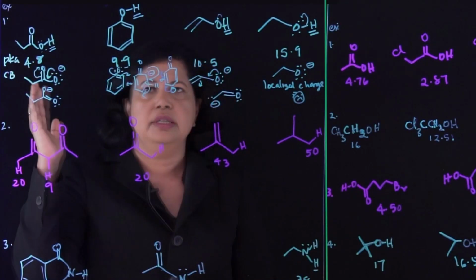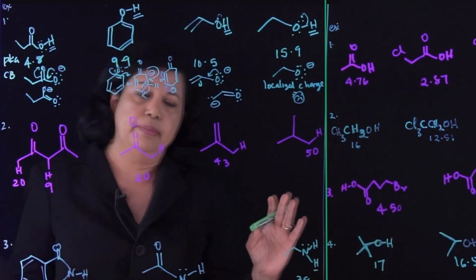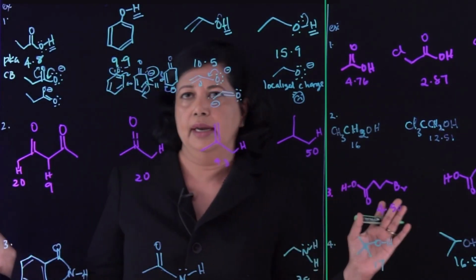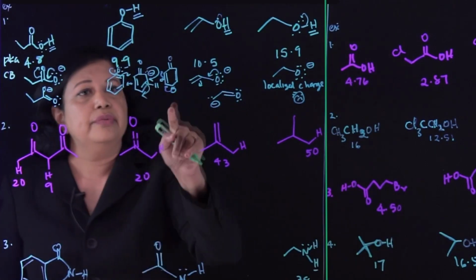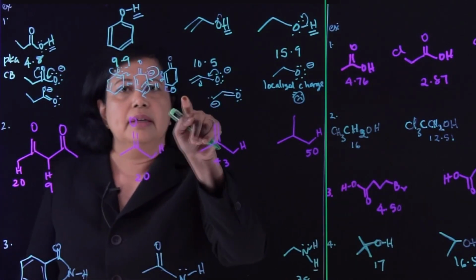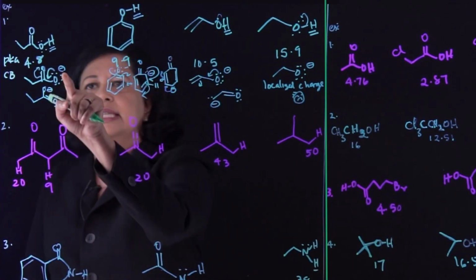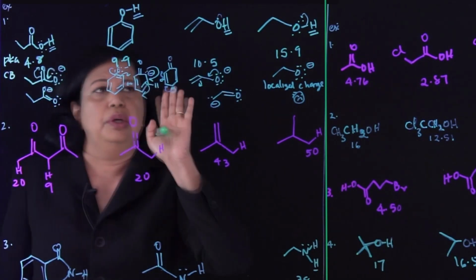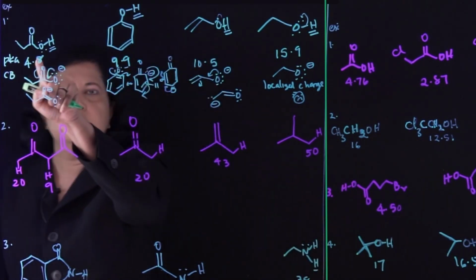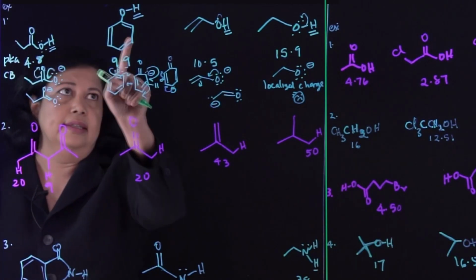Carbon's really not interested in an anion. It's pretty happy being neutral. It doesn't want an anion. So therefore these, even though you have a lot of these, they are still not as good as having the anion just purely on oxygen. So that's why this is so much more acidic than this.